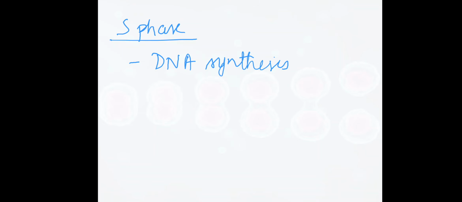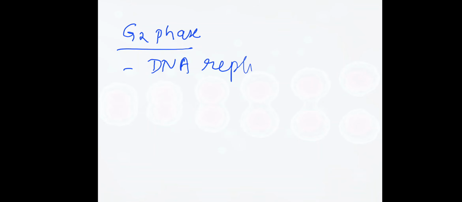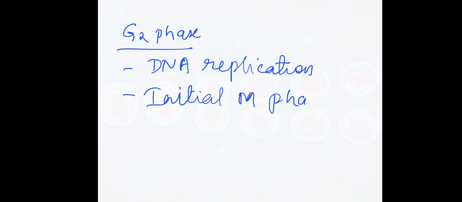Where DNA is synthesized with the help of some components. Okay, then the next phase is G2 phase. G2 phase is the gap between following DNA replication and preceding initial M phase.